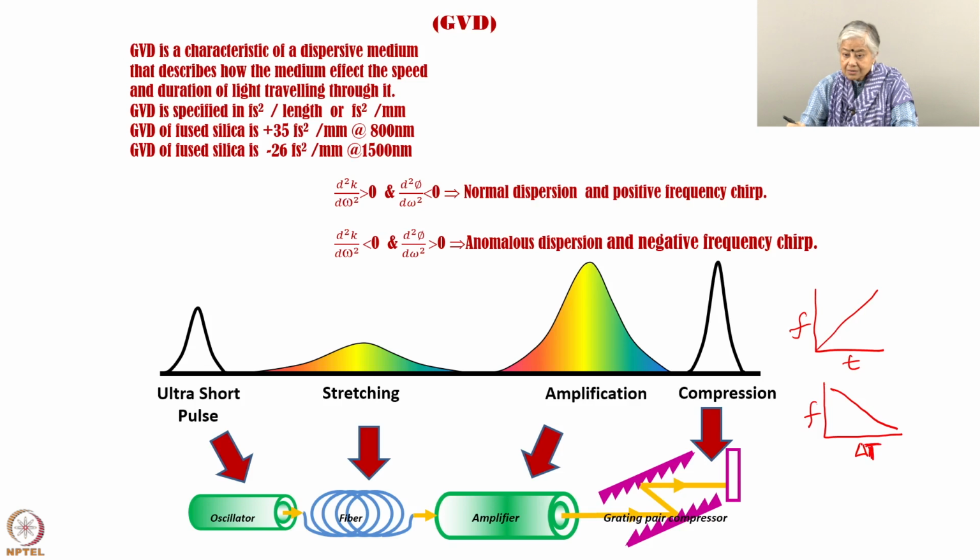So, these two are sort of complementary to each other. If you give a different delay to those specific frequencies, the frequency on top gets the least delay, the frequency at the bottom gets the maximum delay. So, you are able to compress back the pulse. So, the fiber and this, they are supposed to be complementary to each other.